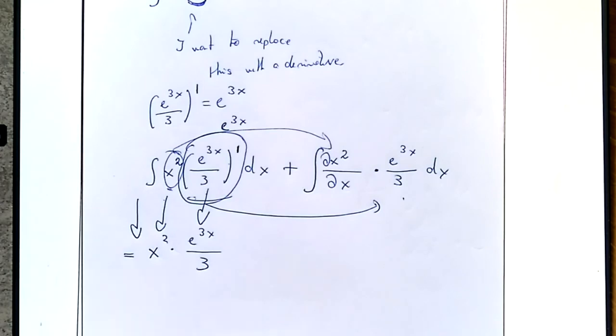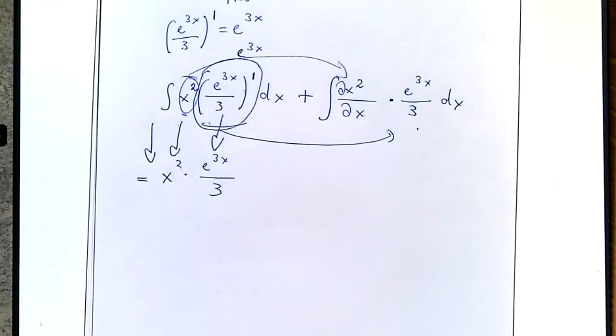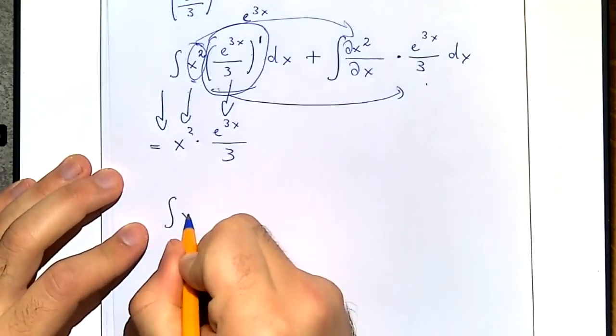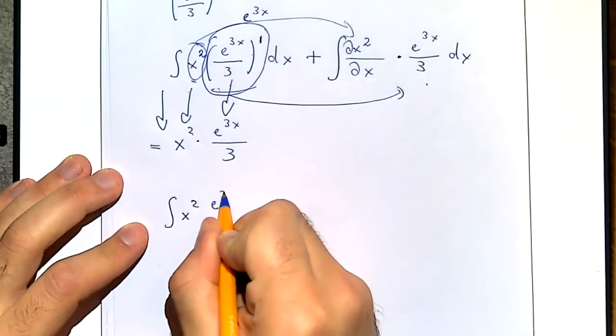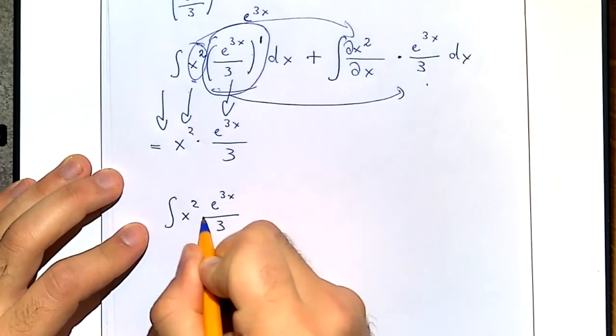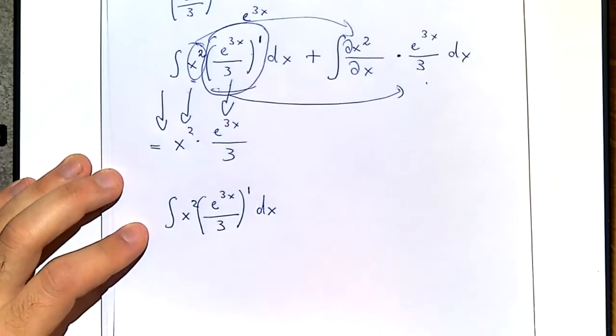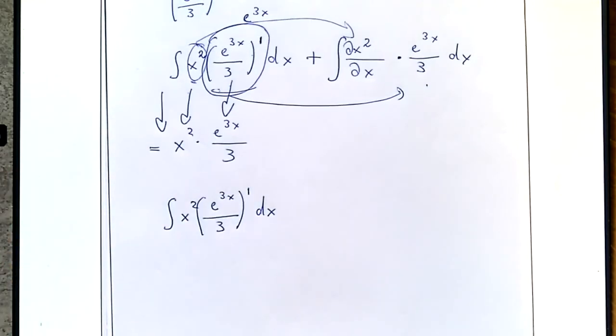So again, I'll write it again, because I'm fairly confident that once you get this, you can take a derivative and see how it goes. But it's important to understand how you phrase it. I need to solve the integral of x squared times the derivative of e^(3x) over 3, dx. In order to do by parts, I need two terms.